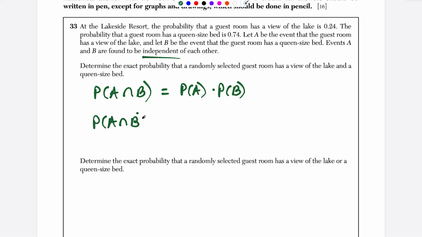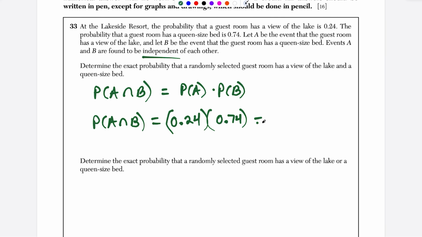So now we could just find this probability by plugging in. The probability of A and B occurring is equal to the probability of A, which they told us is 0.24. They said let A represent the event that the guest room has a view of the lake, and the probability that a guest room has a view of the lake is 0.24. So we're multiplying this by the probability of B, which is 0.74, because B represents the event that the guest room has a queen-size bed.